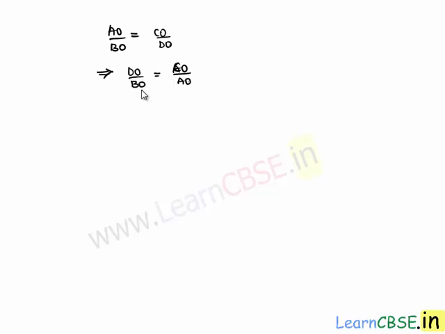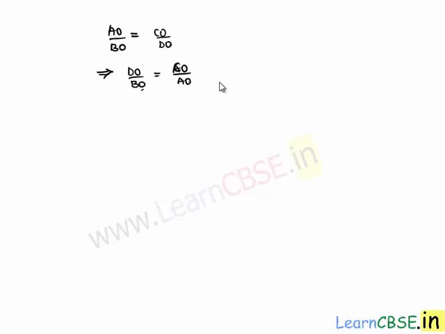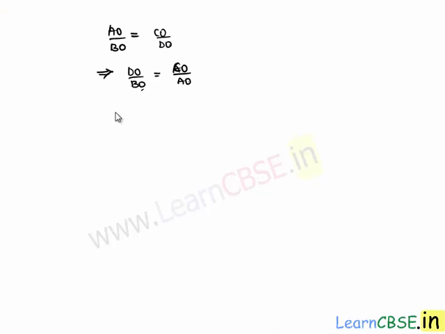Now, instead of DO by BO in equation 1, let us substitute the value CO by AO. Then equation 1 becomes DE by EA is equal to CO by AO.